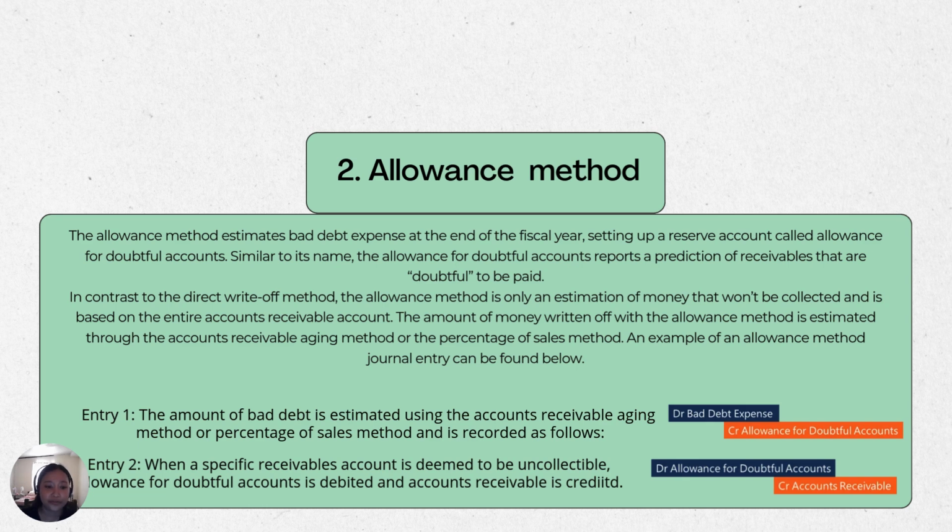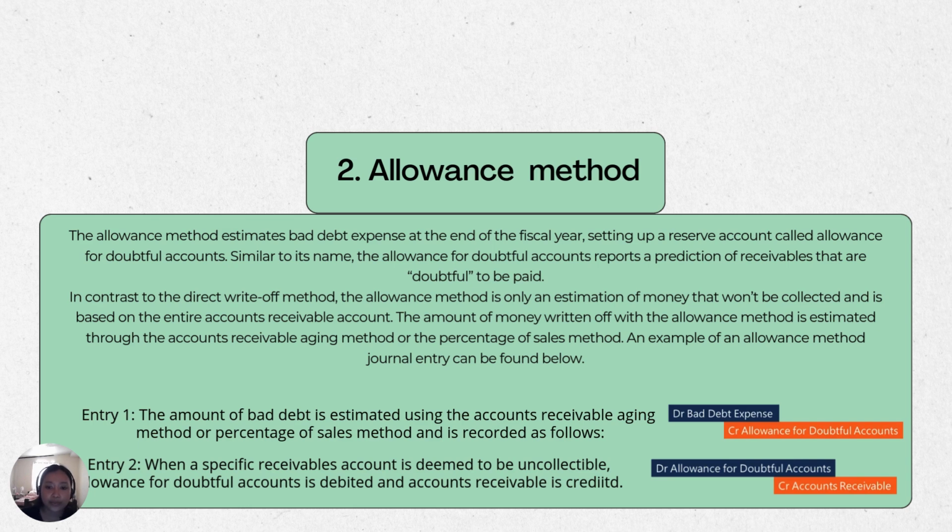Compared to the direct write-off method, where debts are recorded when they are determined to be uncollectible, the allowance method is only an estimation of money that won't be collected and is based on the entire accounts receivable account.